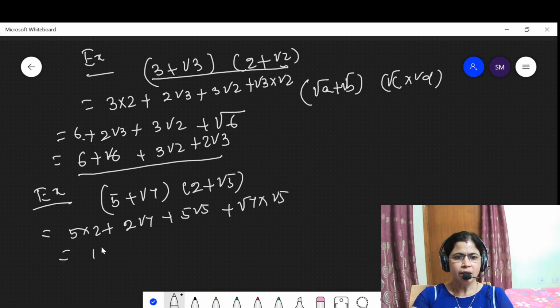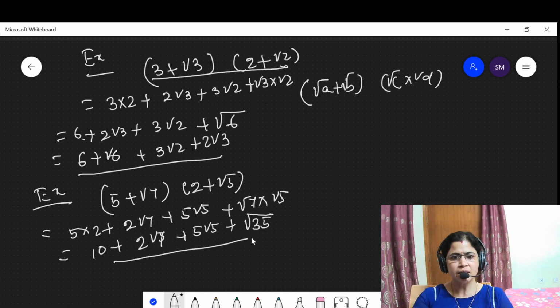Then this is 10 plus 2 root 7 plus 5 root 5 plus root 35, since 7 fives are 35. In this way you simplify the given question. Now let us discuss some more examples.